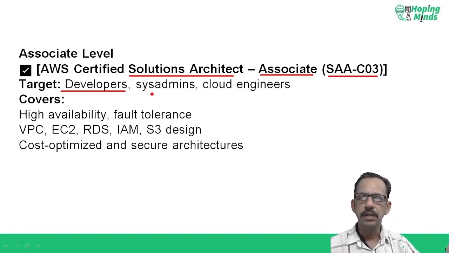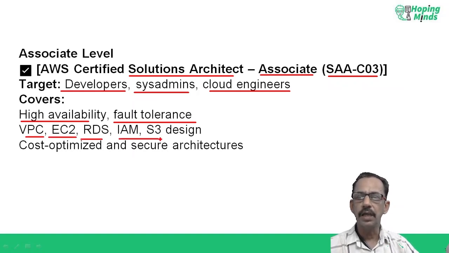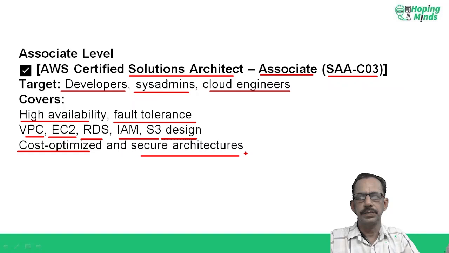It targets developers, sysadmins, and cloud engineers. Here we cover everything from the basics, including high availability features, fault tolerance features, VPC, EC2 in depth, RDS, IAM, S3, and the designing part. Then we also discuss cost optimization and secure architecture.